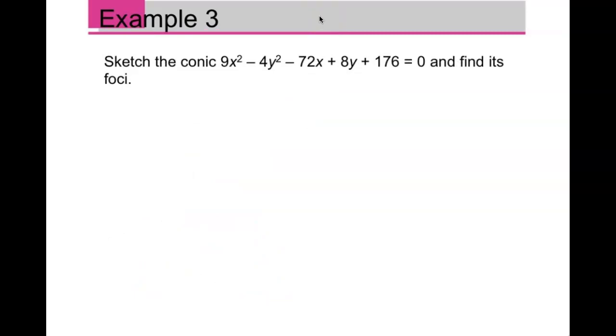All right, here's a more standard one. So here we're just given a general form of a conic, and we're asked to find its foci. So sketch it and find its foci.